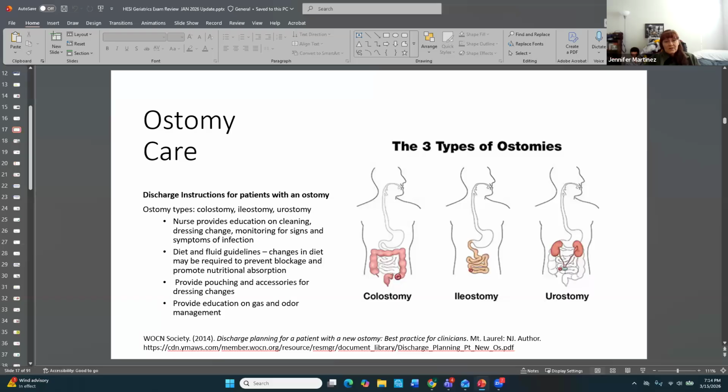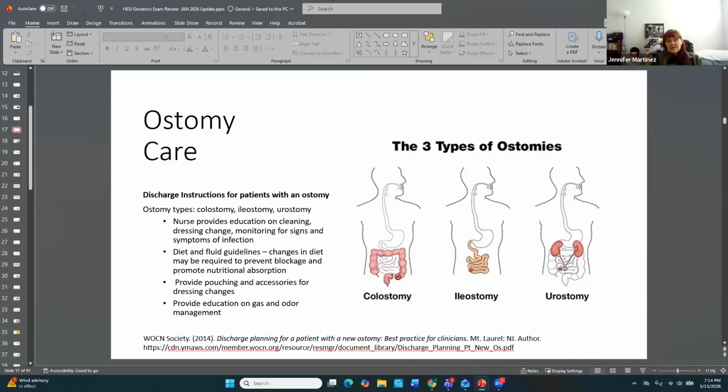So patients need to be aware of that. If it's higher, they may want to try some more bulk forming foods. If it's lower, it's going to be more formed stool. Again, they want to make sure they're still getting enough fiber to prevent any blockages.